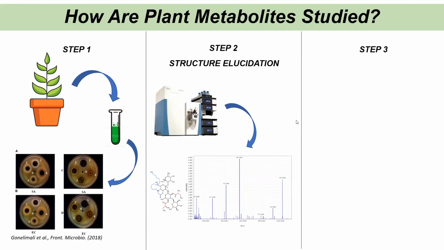This instrument can detect hundreds to thousands of metabolites in your sample, but it does not identify them. Instead, what it can give you for an individual metabolite is the molecular weight, and this piece of information here, which is called a fragmentation pattern, and interchangeably I'll call it a mass spectrum. What it is showing you is the masses of substructures in your molecule.